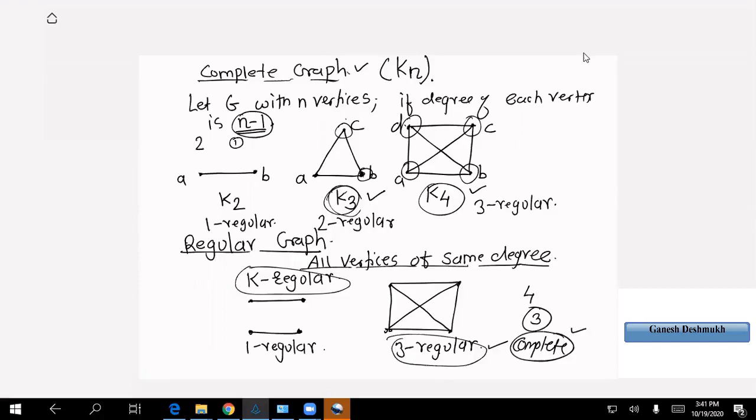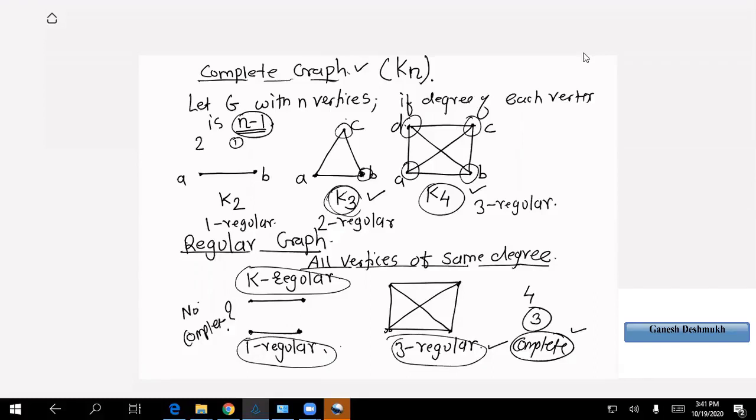Now look at the one-regular graph example. Here the degree of each vertex is 1, that is the same. Hence it is called a one-regular graph. But can I call this a complete graph? The answer is no.